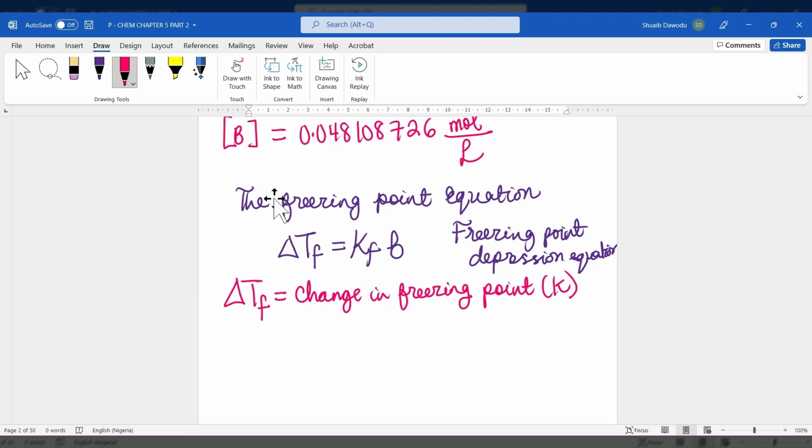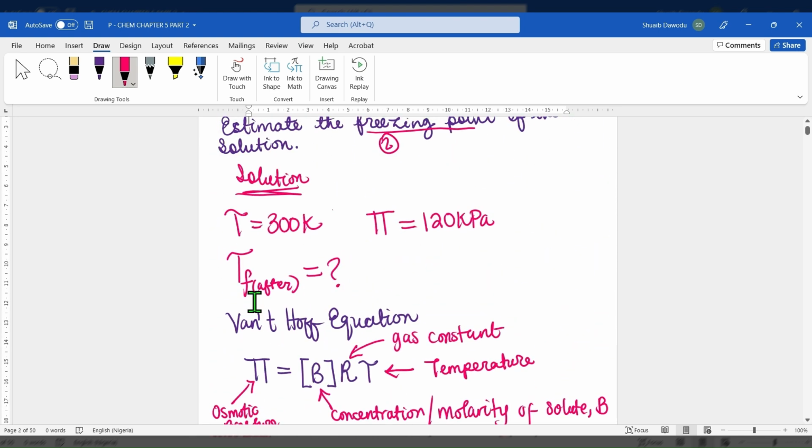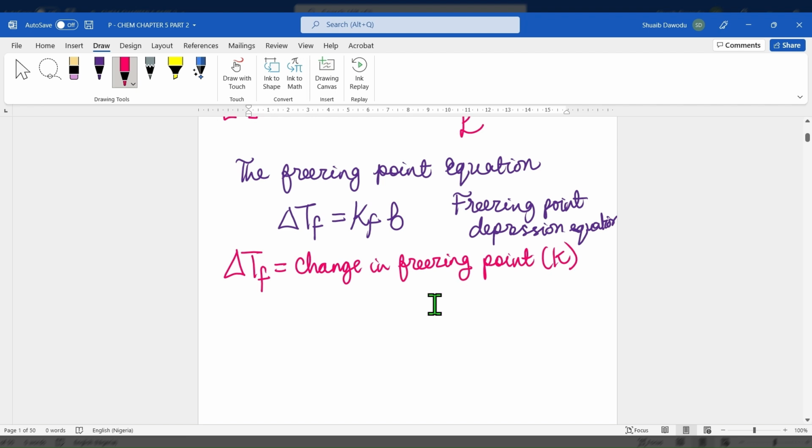But then in a situation where that water is contaminated or is mixed with a solute, it is going to have a new freezing point or a new temperature. So the initial temperature will be 0 degrees Celsius, and then the temperature after would be a new one. So the change in T_F is the change in freezing point, basically the change in temperature before when the solvent was pure and after a solute or an impurity has been added into the solvent. So this is what this change in freezing point is.